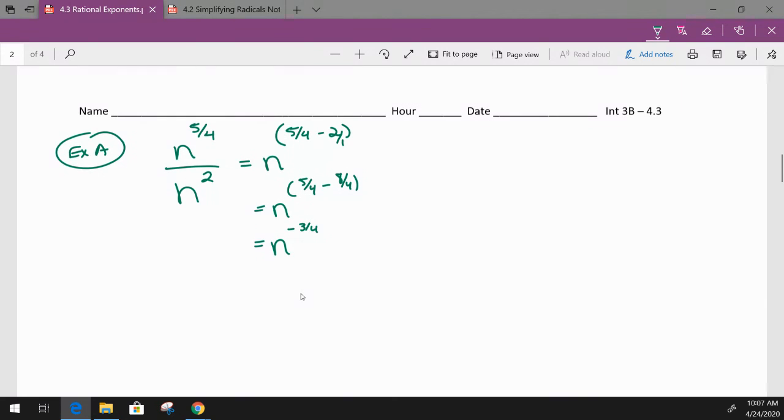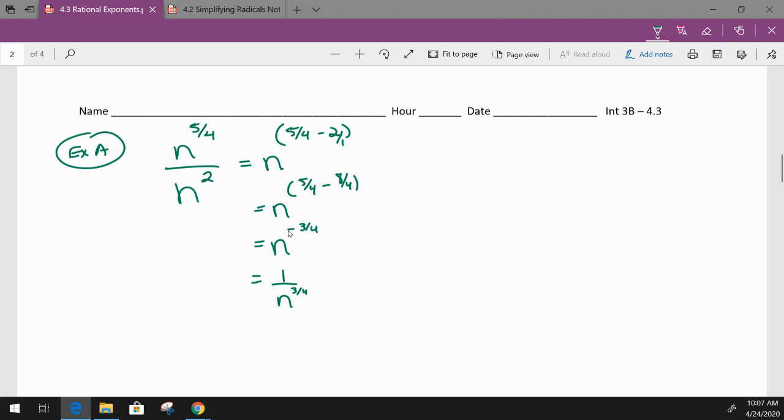So you're not supposed to leave a rational exponent negative or any exponents negative. So in simplified form, you have to make this positive. So you need to take the reciprocal of the base, which is basically 1 over n. But 1 to any power is just 1. So really, we just need to take that 3/4 now and put it in the denominator.